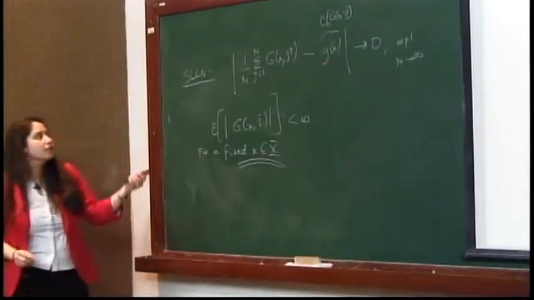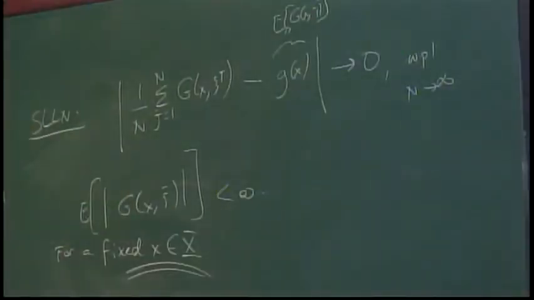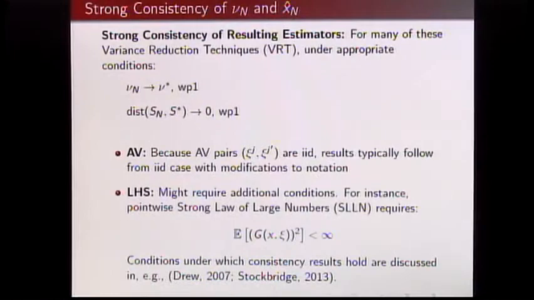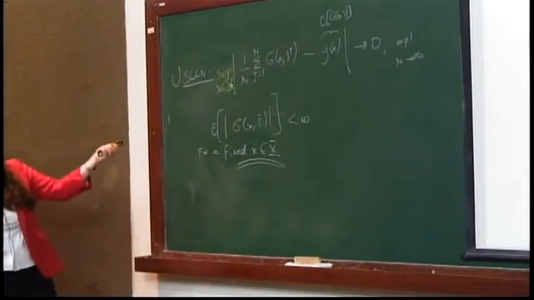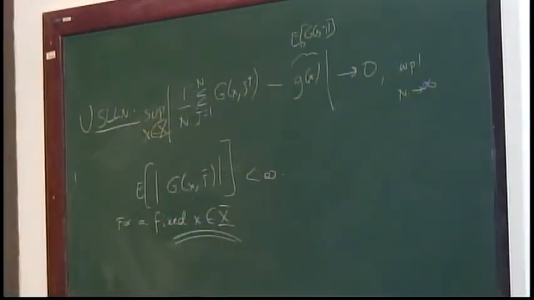If you do IID, you have this condition satisfied for all x in your feasible region. But that's not enough to guarantee this. You need a uniform strong law of large numbers. Uniform means we take the sup, and this still goes to 0.